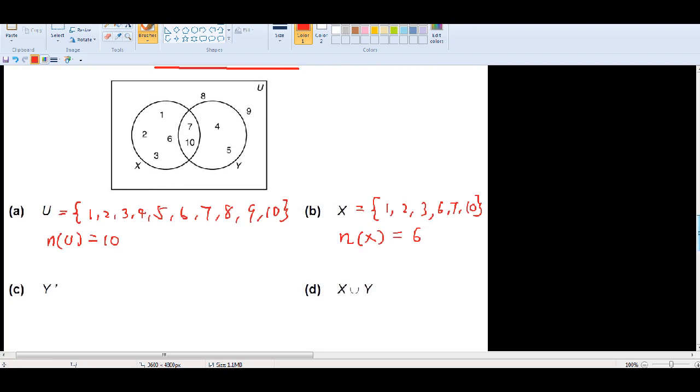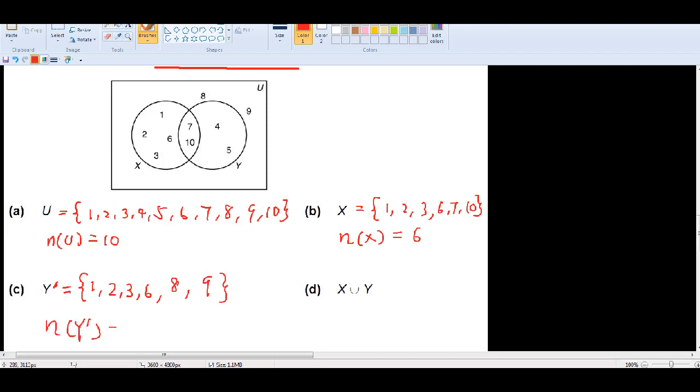Okay, Y dash, that means Y complement, that means all the elements which are not in Y. So you have to take away all the elements in Y. What is left behind is 1, 2, 3, 6. 7 is in the common area of X and Y, so it belongs to Y as well. And 8, 9. So there are 6 of them.